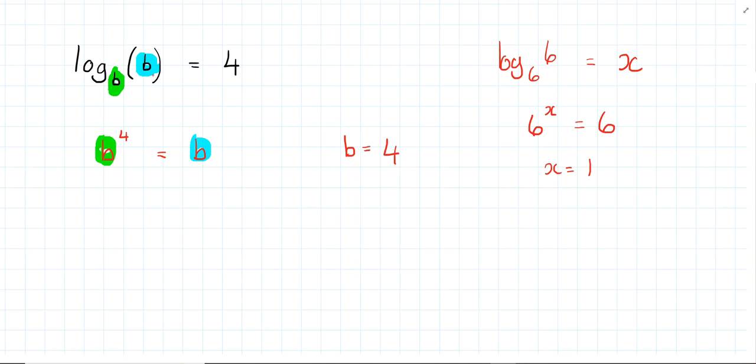Why would that one be a little bit confusing? Why does that not fit the pattern that we were looking at before of log to the base itself of itself equaling 1? Why is it not quite the same?